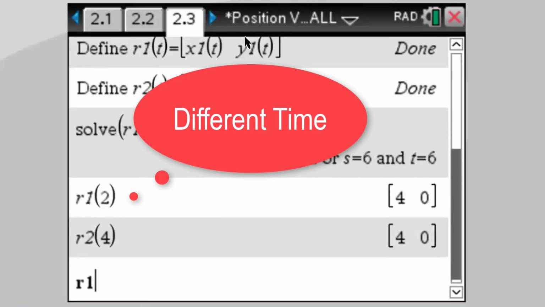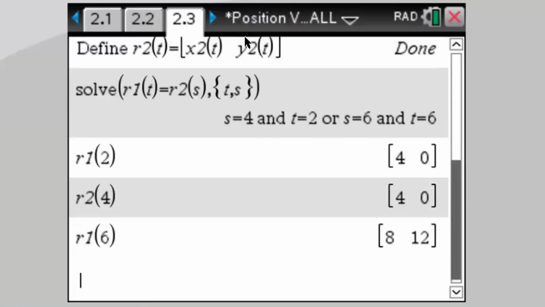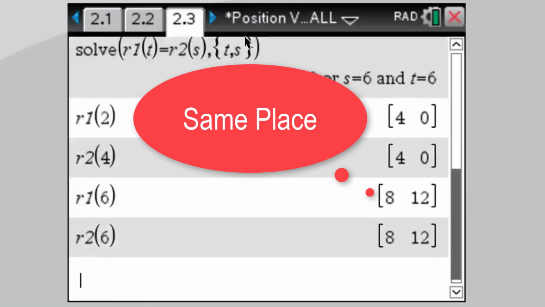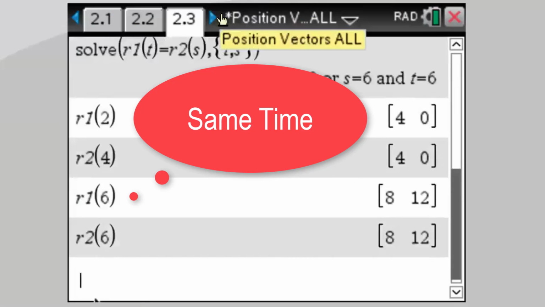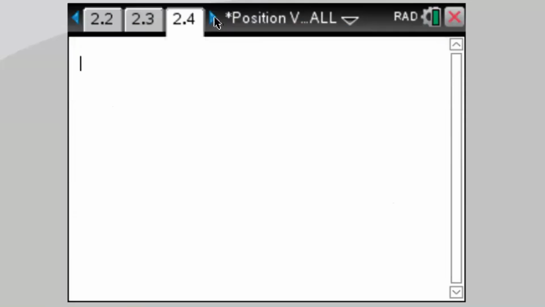But if I work out R1 at 6 and also R2 at 6, then we see that they're both at the same coordinates. So what does this actually mean then? Well, the particles are at the same point, x equals 8 and y equals 12, at the same time when t equals 6, but they also pass through the same point, x equals 4 and y equals 0, but at different times.